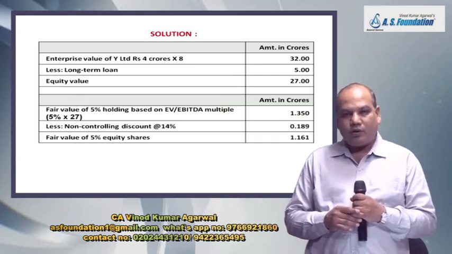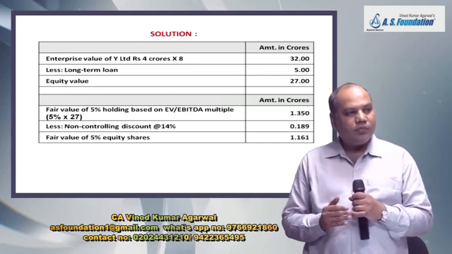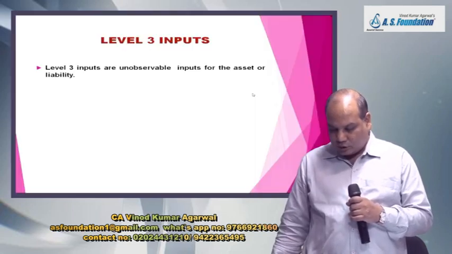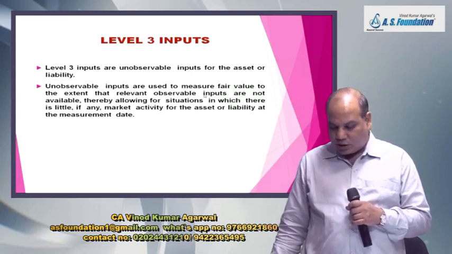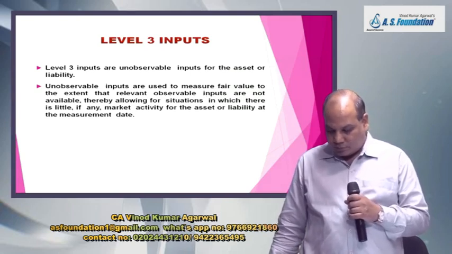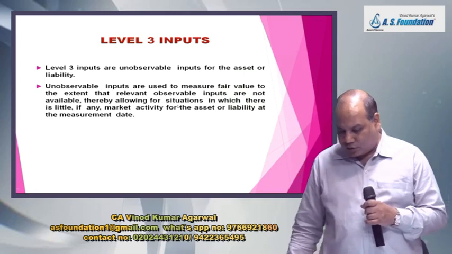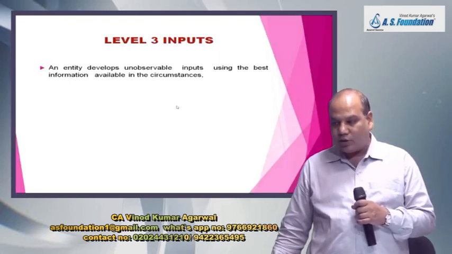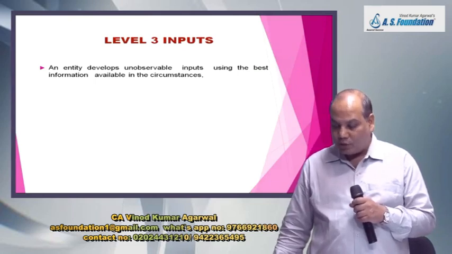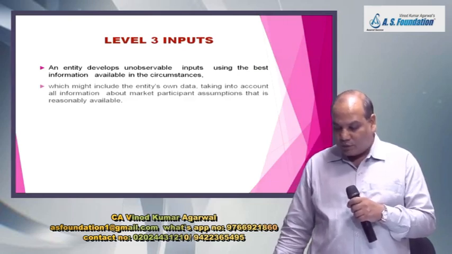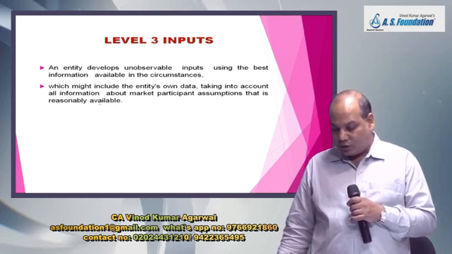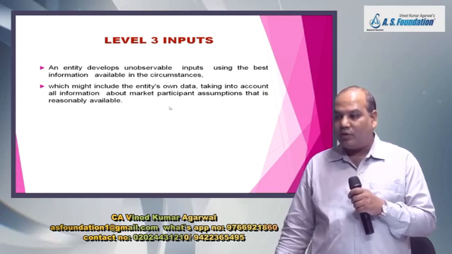for getting the fair value of a given asset or liability. Level 3 inputs we have discussed are unobservable inputs for which market values are not available. So here the management will have to apply their own judgment. They have to develop their own method of calculating the fair value, also keeping in mind the market participant assumption that is reasonably available.